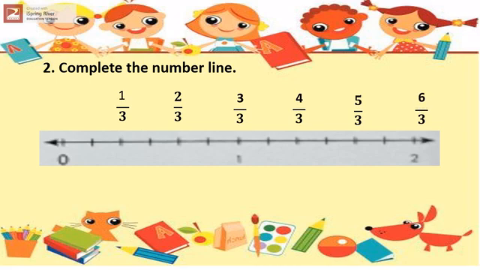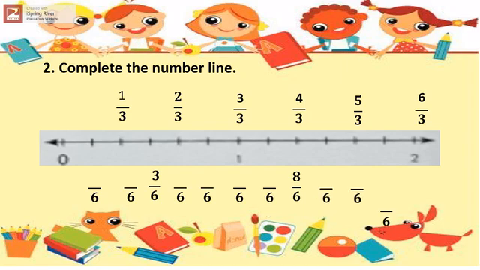Okay, and the fractions below are, we have here 3 over 6, we have 8 over 6, and other fractions with missing numerators. Okay, so let us complete the missing numerators here.